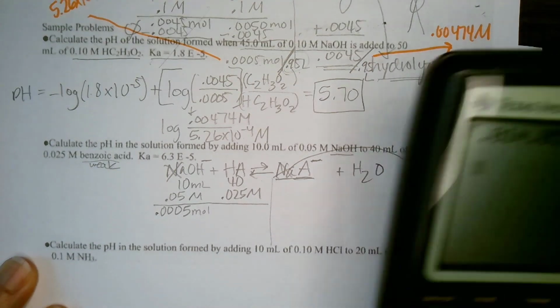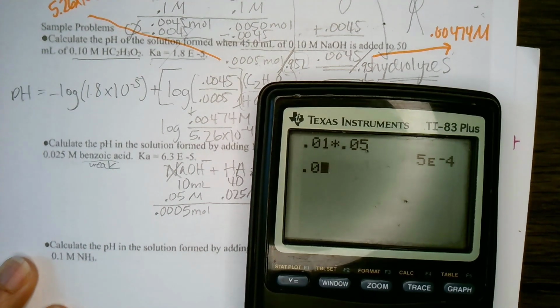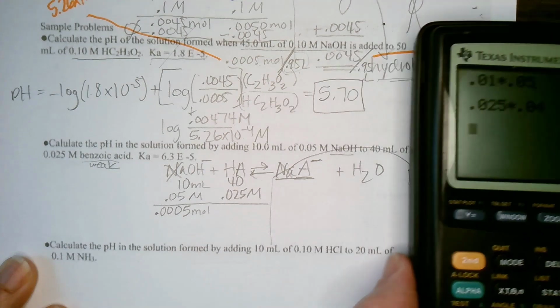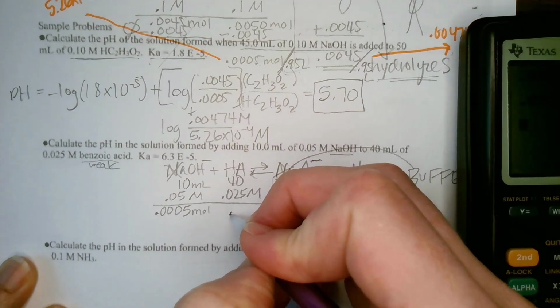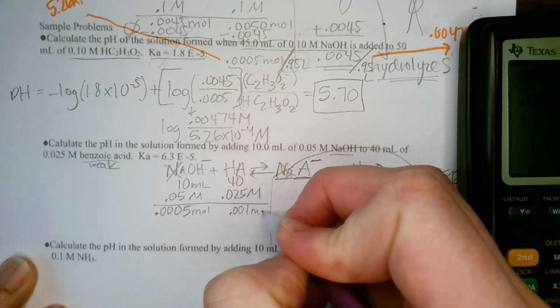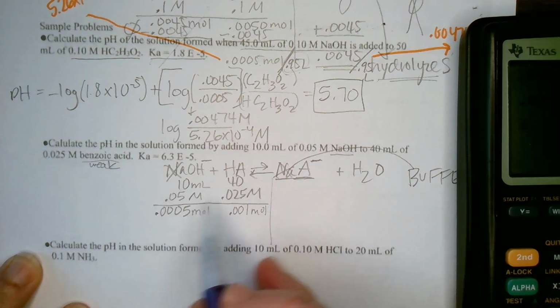And I'm going to do the same thing with 0.025 molar times 0.04 liters, 0.001 moles. And it's a 1-to-1 ratio.